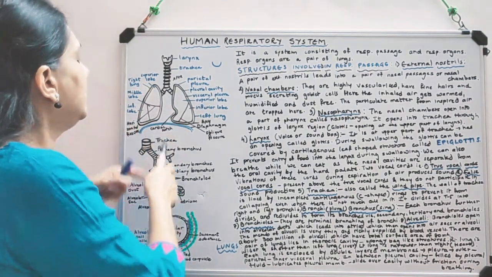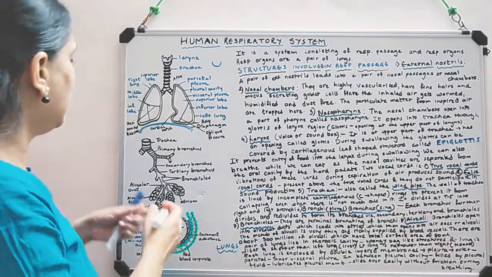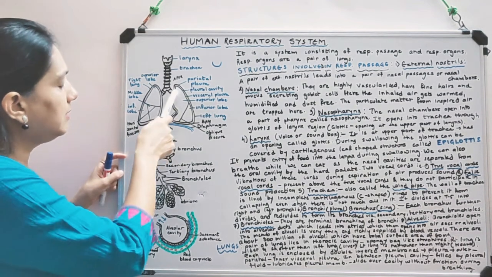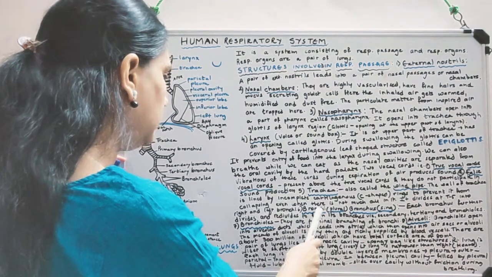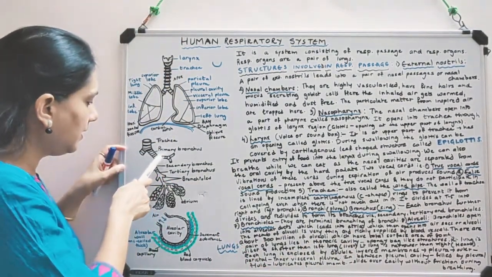So they divide and then keep on dividing. So they divide like this. This is the trachea. Now primary bronchus is entering the lungs and still they are dividing. They divide and redivide.